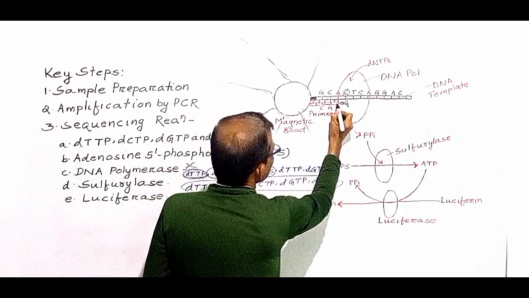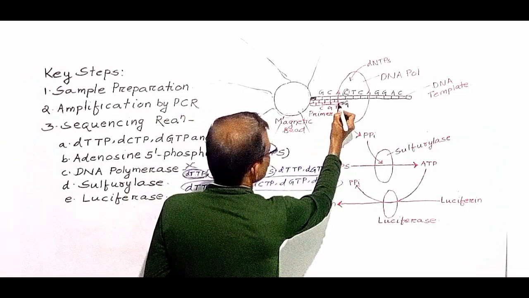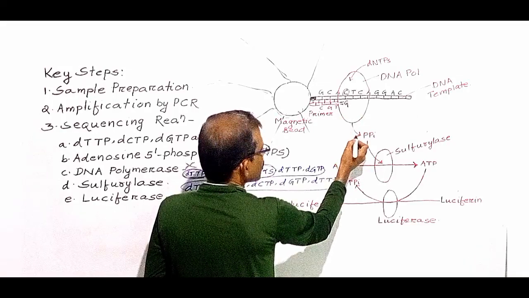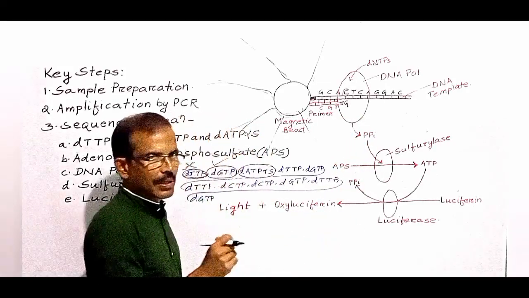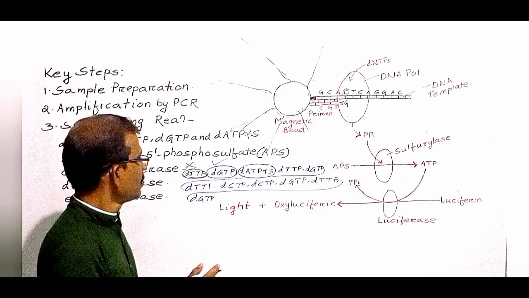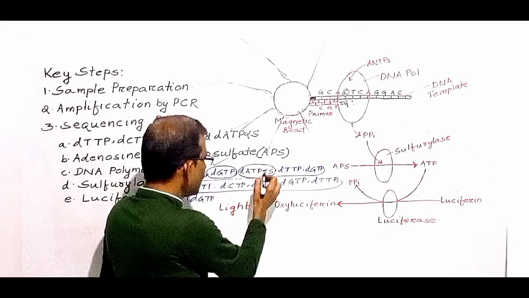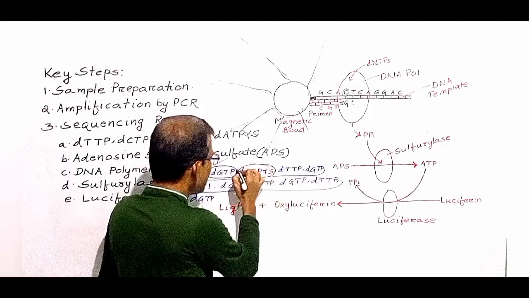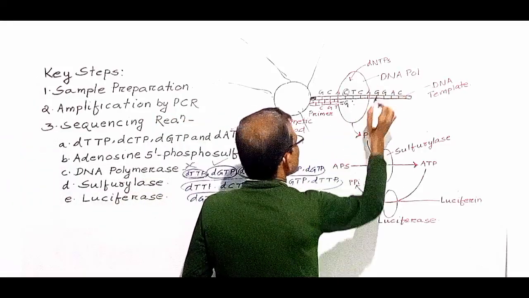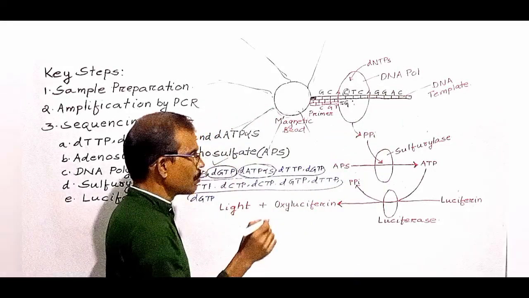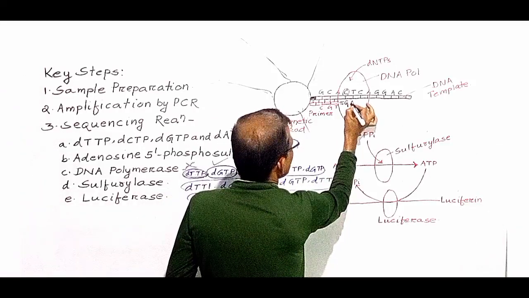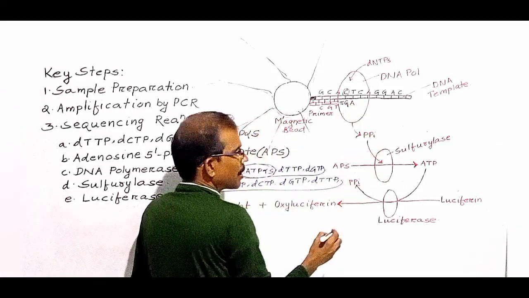So here between these two nucleotides, phosphodiester bond will be formed and one molecule of pyrophosphate will be released as the byproduct. Next we will add dATP alpha-S. This nucleotide will be recognized by DNA polymerase and will be incorporated. This is because adenine is complementary to thymine.